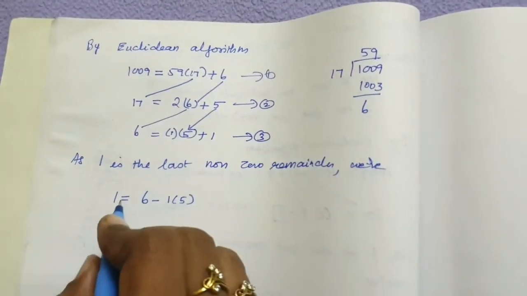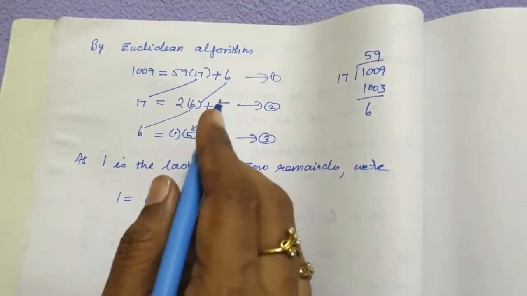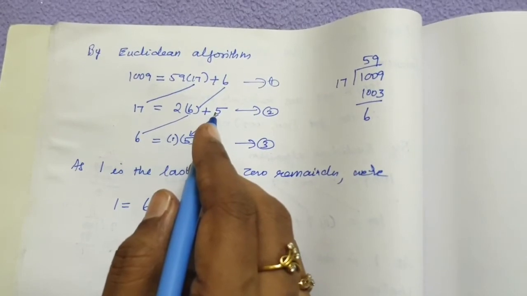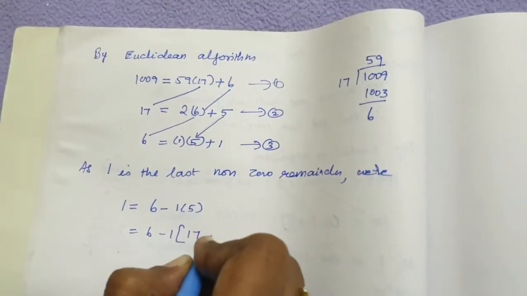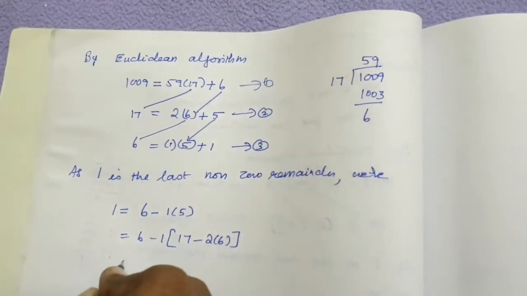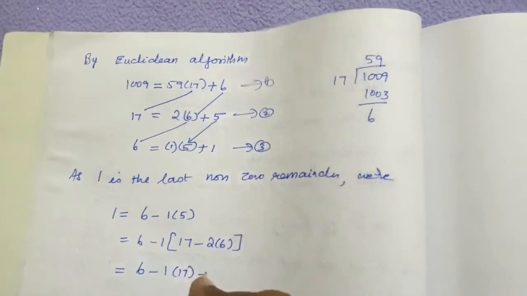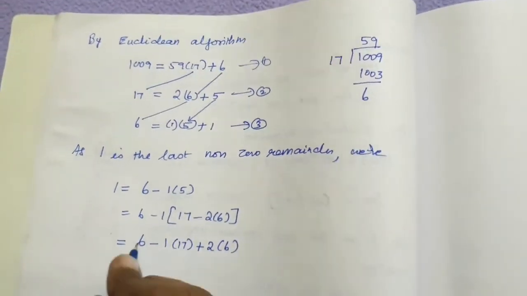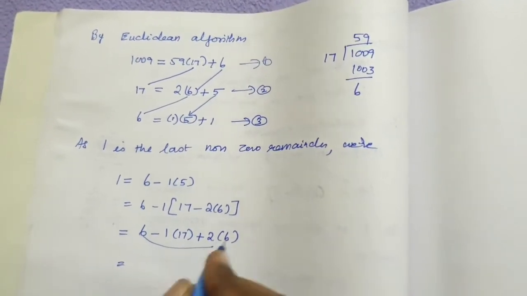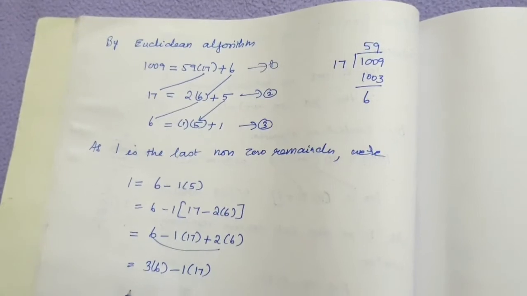From equation 3, the remainder 1 can be written as 6 minus 1 times 5. From equation 2, this 5 can be written as 17 minus 2 times 6. When you simplify this, we get minus times minus plus 2 times 6. When you add these two things, we get 3 times 6 minus 1 times 17.